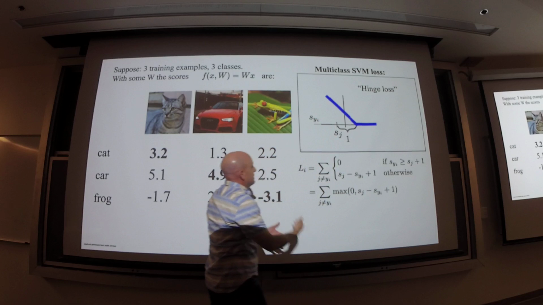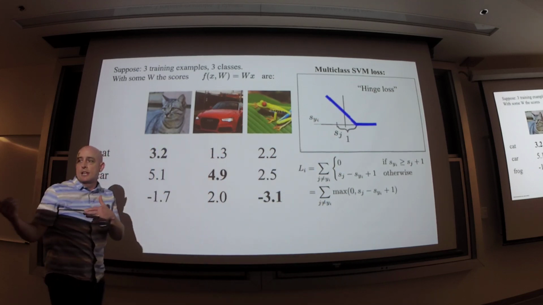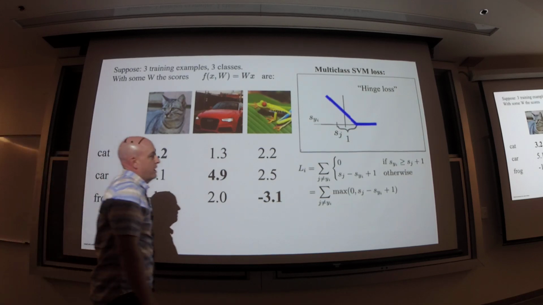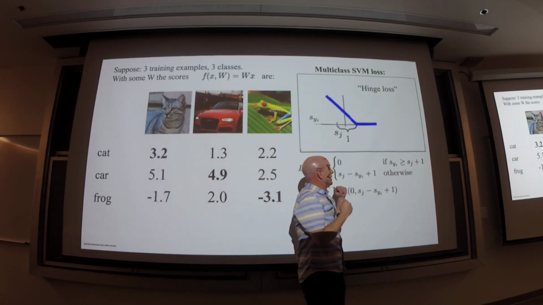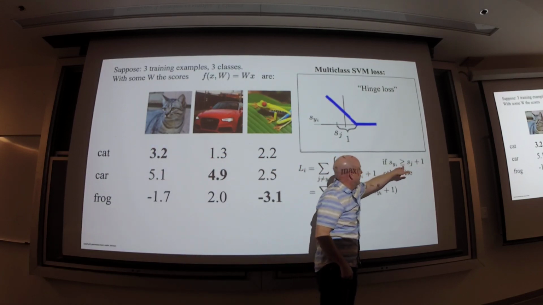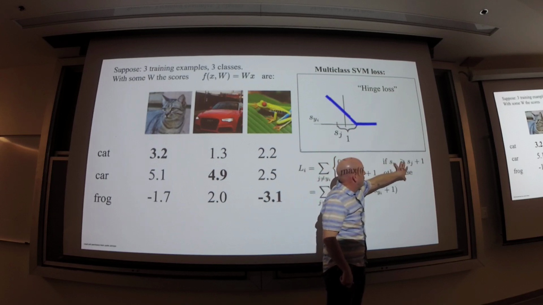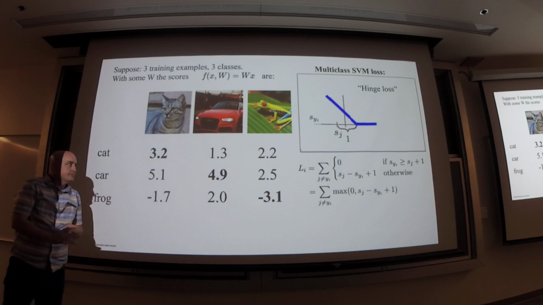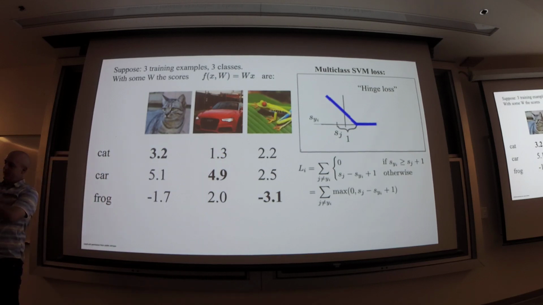But when it's less than that, it's going to start to make a contribution. And the important thing is that the less that's true, the greater the loss is here, right? What this is trying to do is it really wants everything to be like this, and the more it's not like this, the more loss there's going to be. And it's called hinge loss, right? That's just like a hinge.